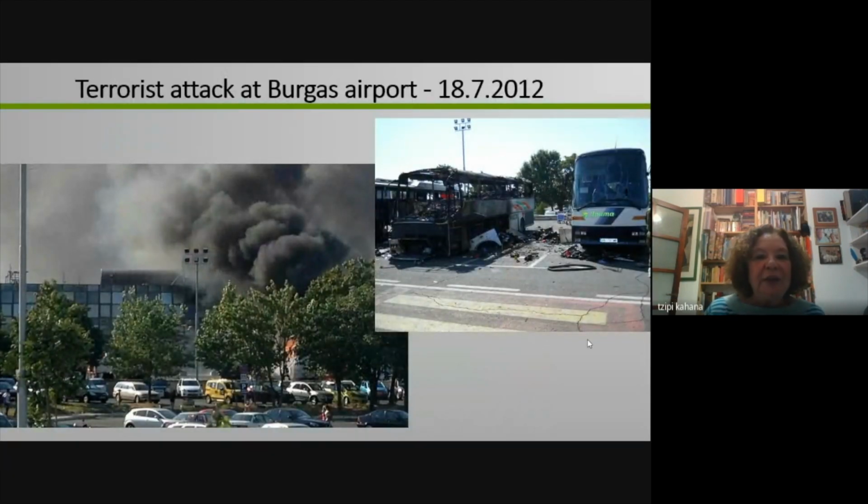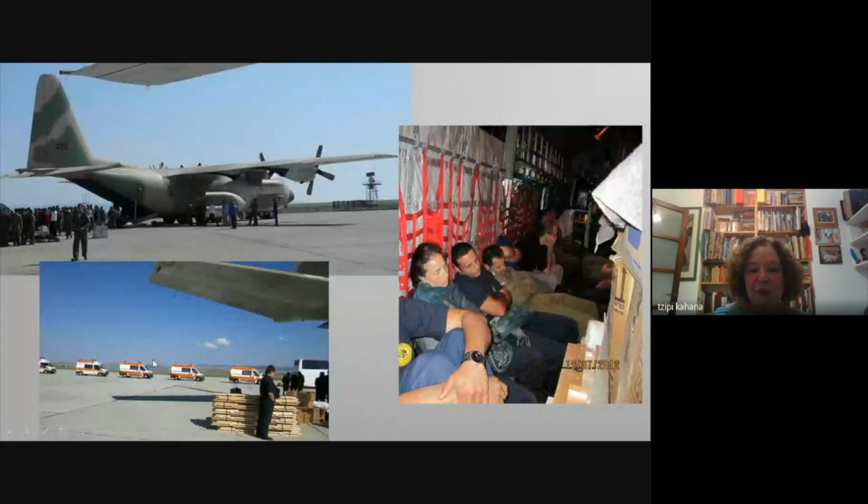Let me give you another example of various conditions of work. We had in 2012 a terrorist attack in Burgas airport in Bulgaria. Once again, the main objective of the mission was to evacuate the wounded, so traveling conditions, not so hot.